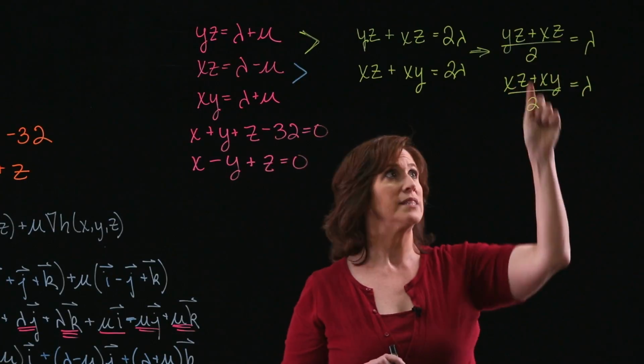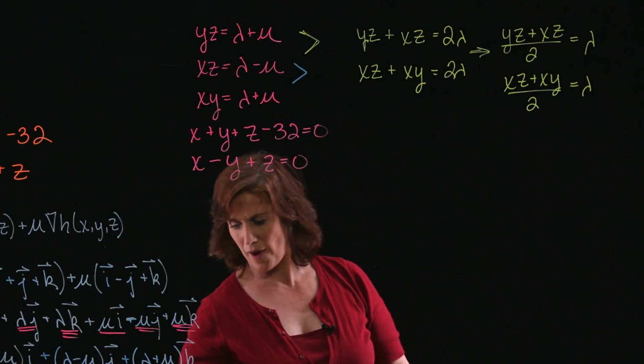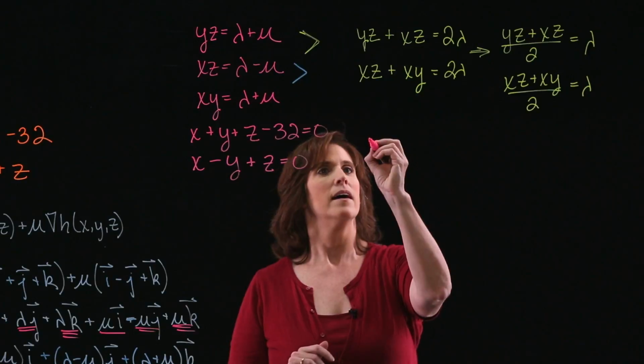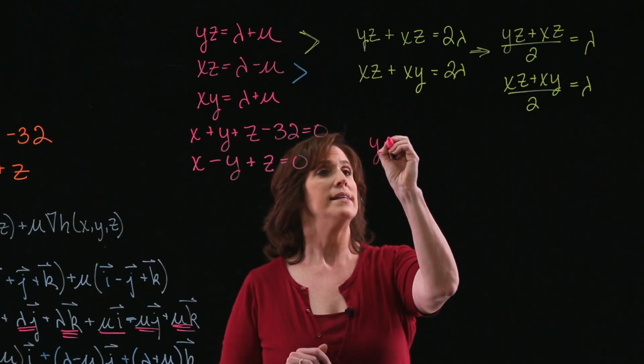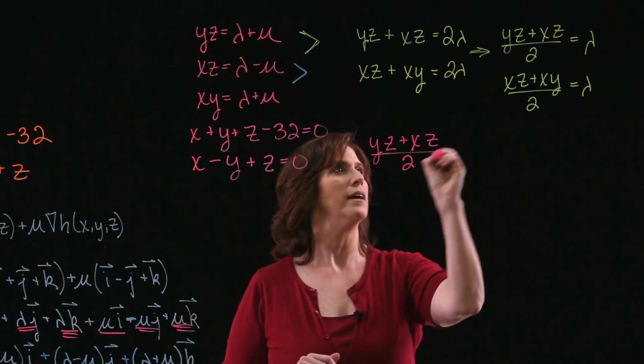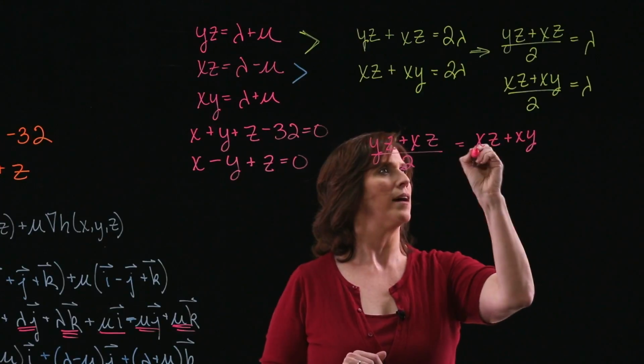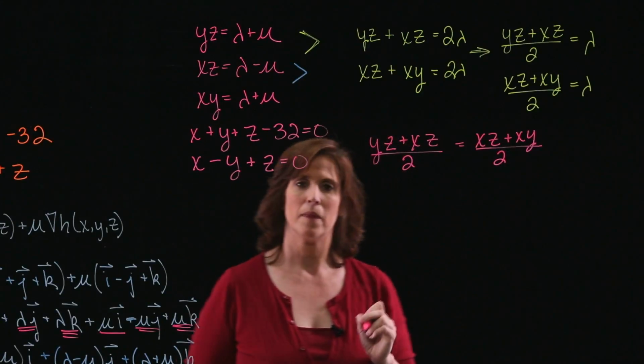Now, this equation equals lambda, and so does this one, so they must be equivalent to each other. So let's go ahead and write yz plus xz all over 2 equals xz plus xy all over 2.